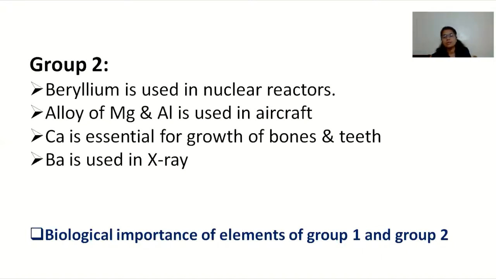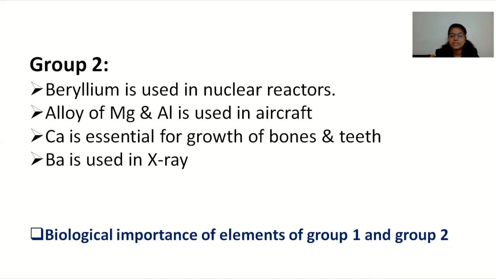Now in group 2, magnesium ions are an important part of chlorophyll in a green plant. Chlorophyll is necessary for the photosynthesis reaction in green plants, and magnesium ion is the important element in it. Magnesium ion plays an important role in the breakdown of glucose and fat molecules, in the synthesis of protein with enzymes, and in the regulation of cholesterol level.